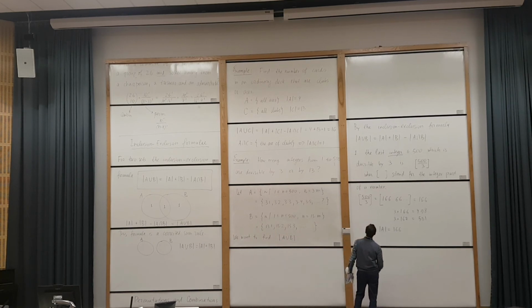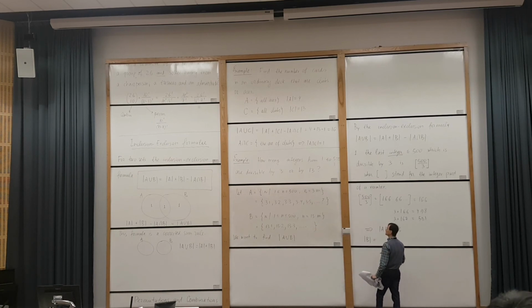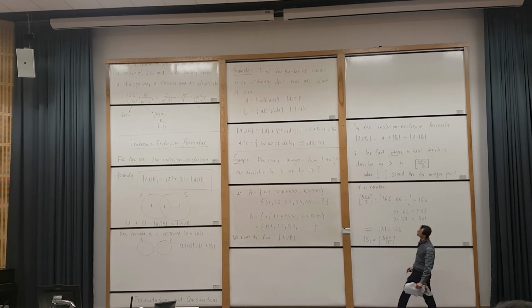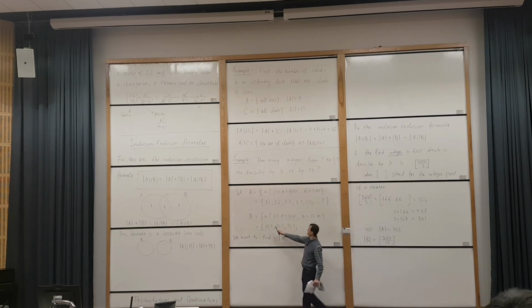Okay, now we can use the same idea to calculate the number of elements in B. By the same token, the number of elements in B is the integer part of 500 divided by 13. Again, the numbers are labeled by the second factor: 13 times 1, 13 times 2, 13 times 3, and so on.